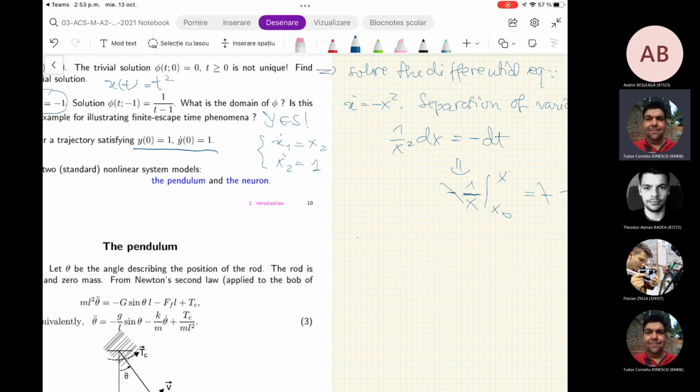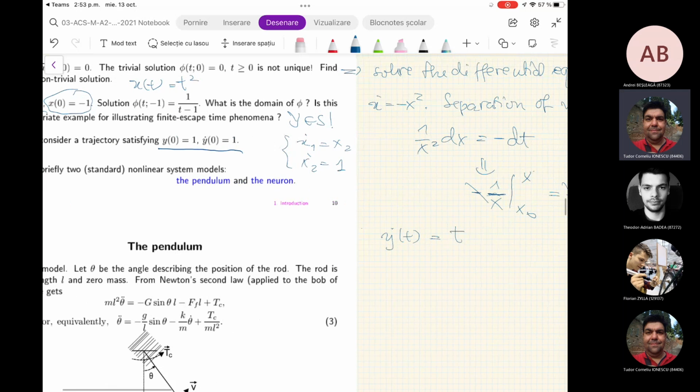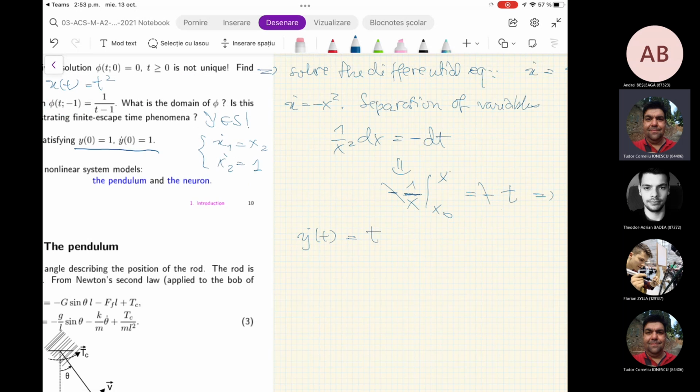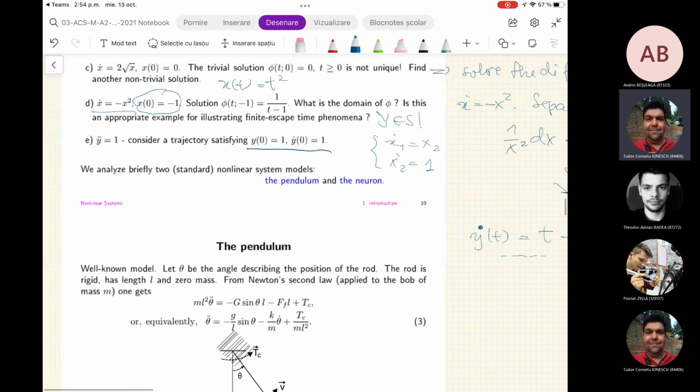So essentially, y dot of t is t minus the initial condition y dot 0, right? Then you integrate once again and you can find this. Of course, you need both initial conditions.